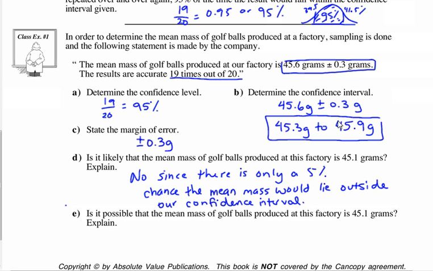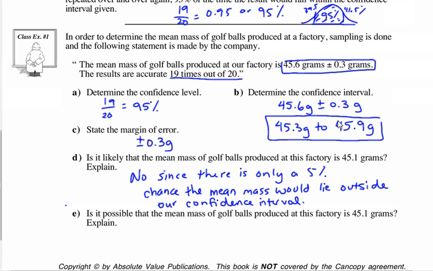Is it possible that the mean mass of golf balls produced at this factory is 40?